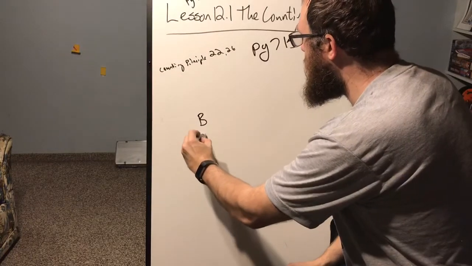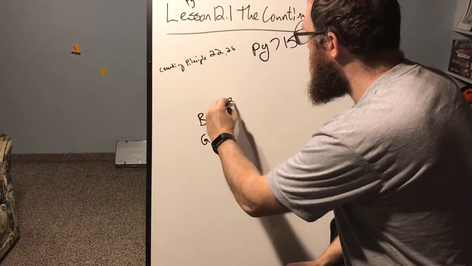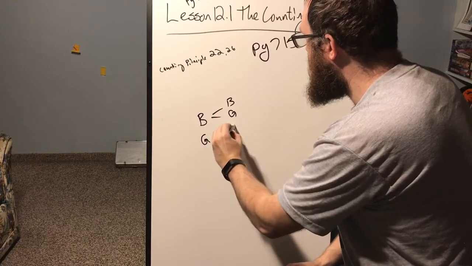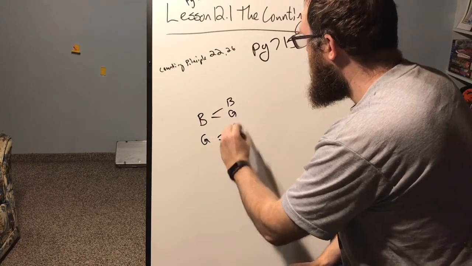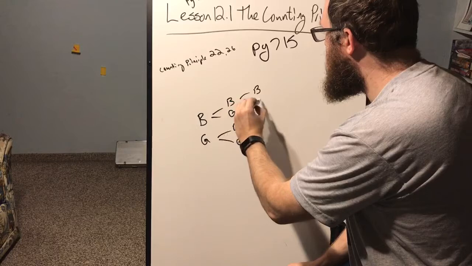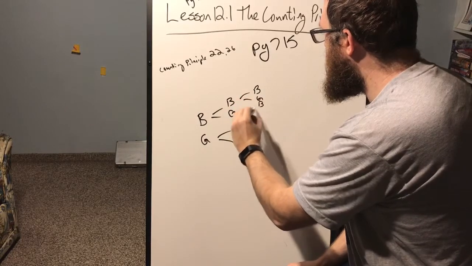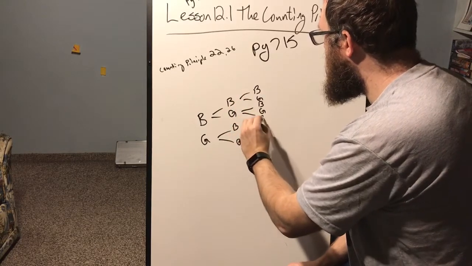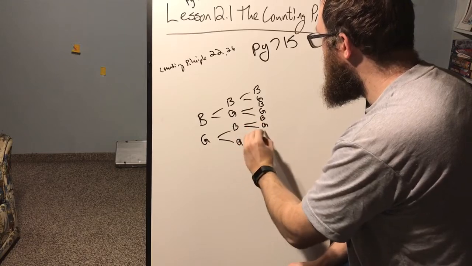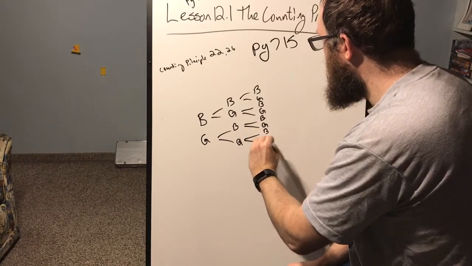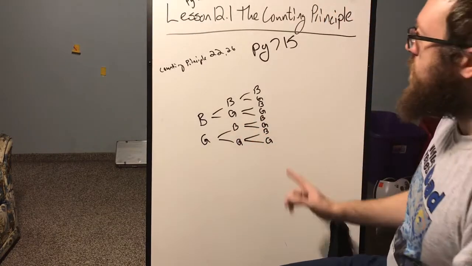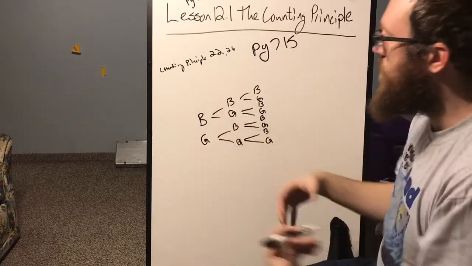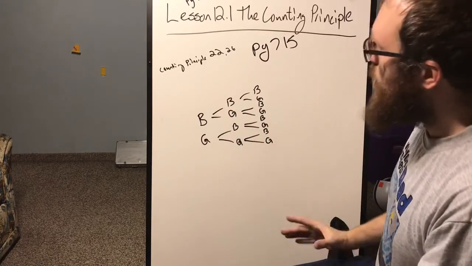So we had boy, girl, and then boy, girl, boy, girl, boy, girl. So the fundamental counting principle is going to pull this one step further and say, you know what?